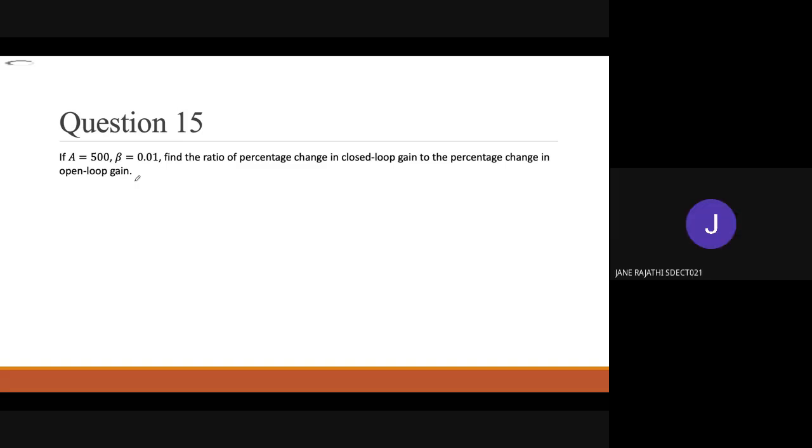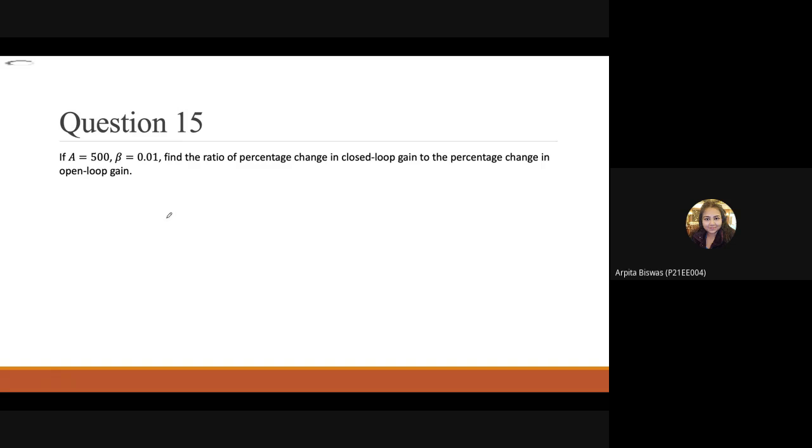What is the formula to use, ma'am? Okay. So anyone, how to find out? Can you explain a little bit? Or I will. Surya Sadvik.